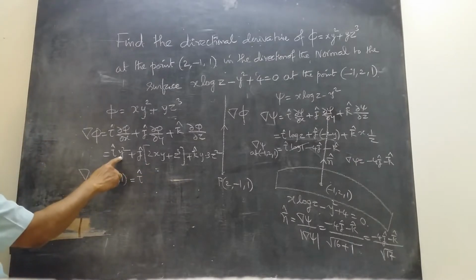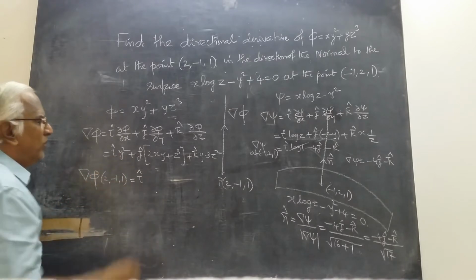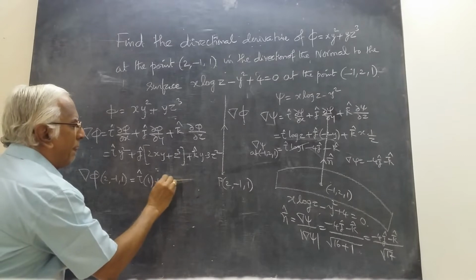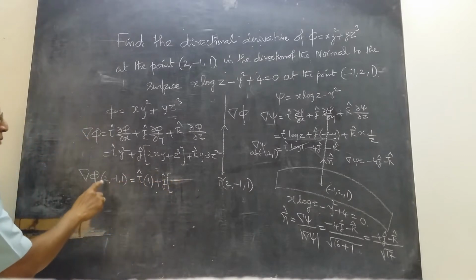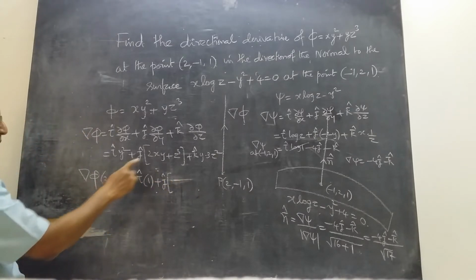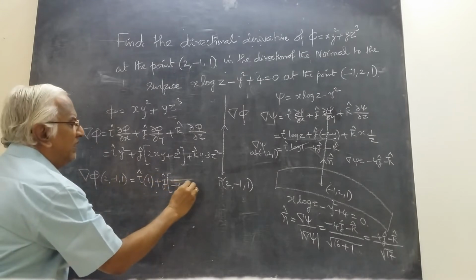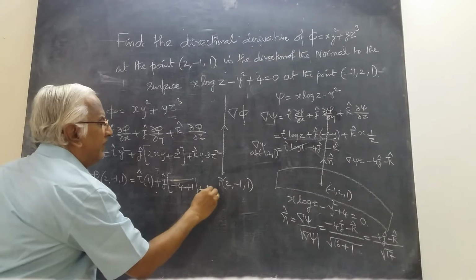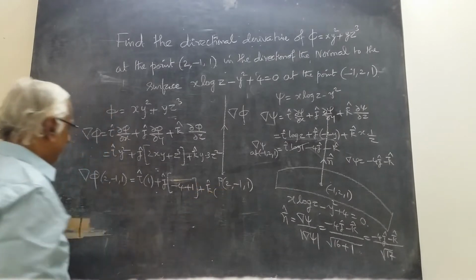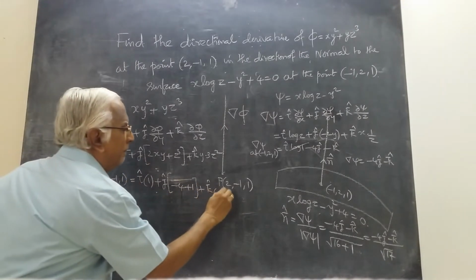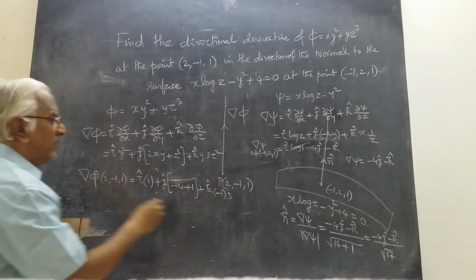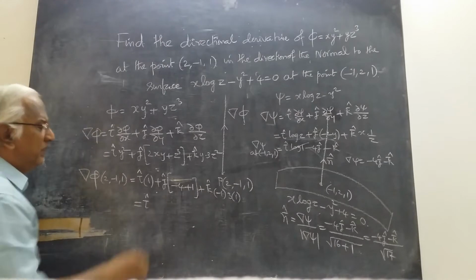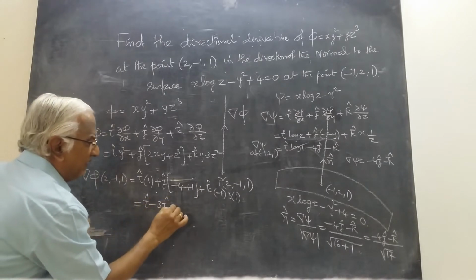Y square is (-1) whole square, 1, so i. Then j: 2xy is -4, plus z cube is 1, so -3. K: y is -1, 3z square is 3, so -3. So del phi is i minus 3j minus 3k.